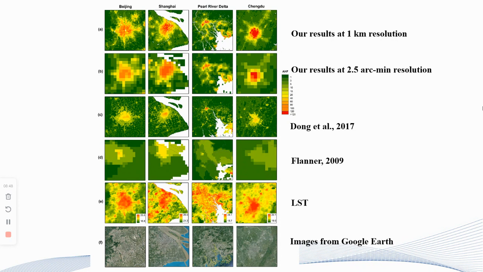Compared with these two studies, we can say that our data have more reasonable spatial distribution. This is the LST distribution. This is the Google Earth map. So compared with these previous studies and the LST distribution, we can see that our result is very reasonable.